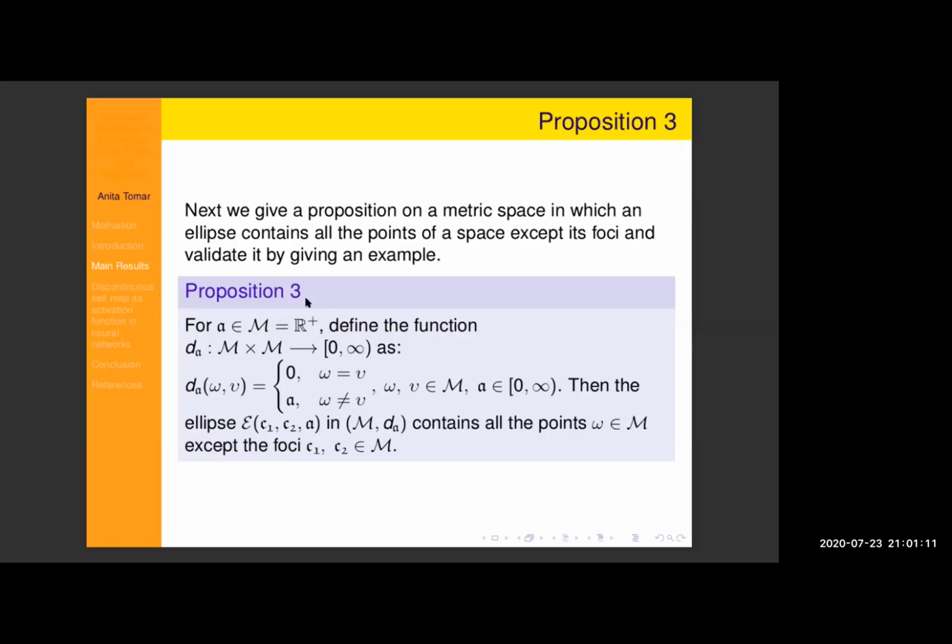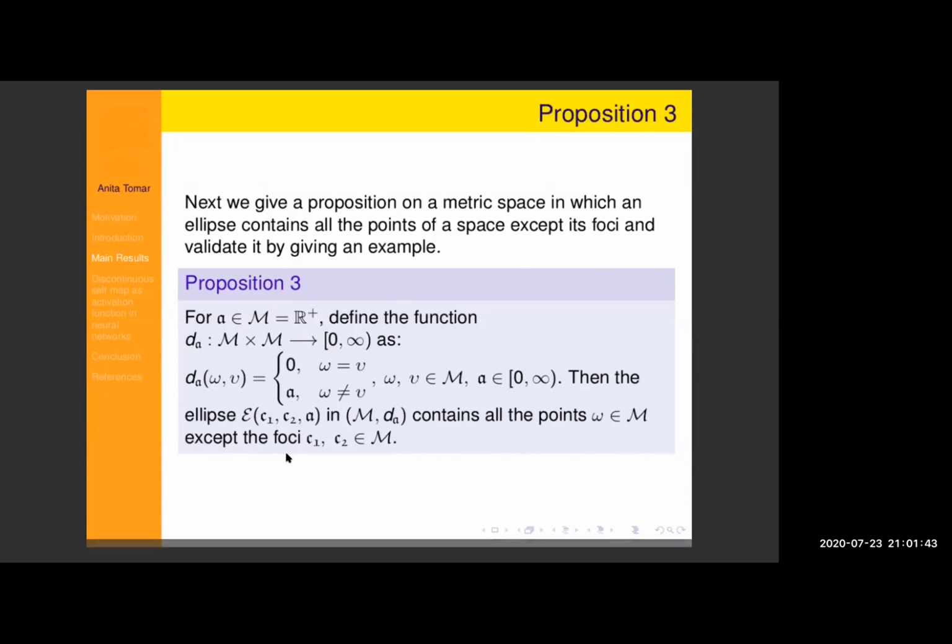Suppose we consider a point A in the set of real numbers and define a metric dA as 0 if W equals V, and A if W is not equal to V. Then in this metric space, where M is the set of real numbers, the ellipse contains all the points W belonging to M except the foci C1, C2 belonging to M.